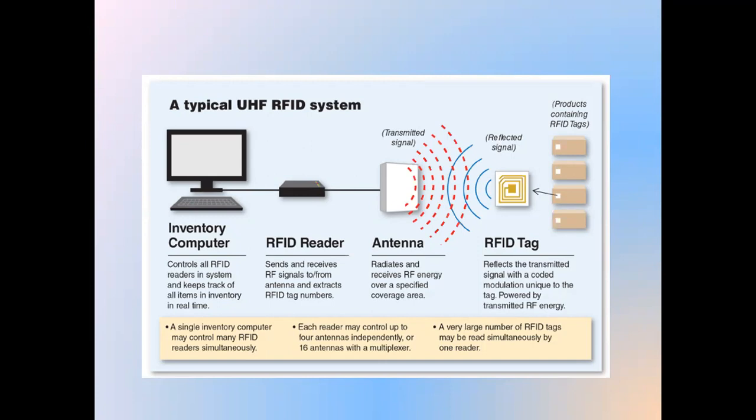Reader sends and receives RF signal to and from the antenna and extracts the RFID tag number. Antenna radiates and receives RF energy over a specified coverage area. And RFID tag reflects the transmitted signal with a coded modulation unique to the tag.